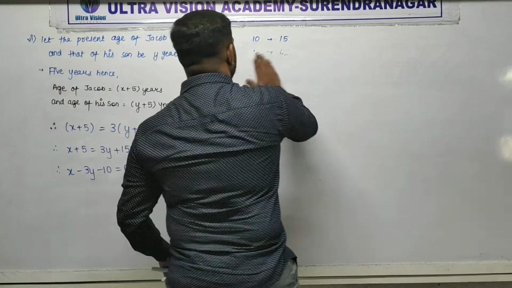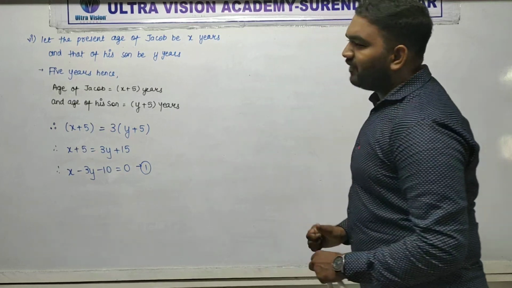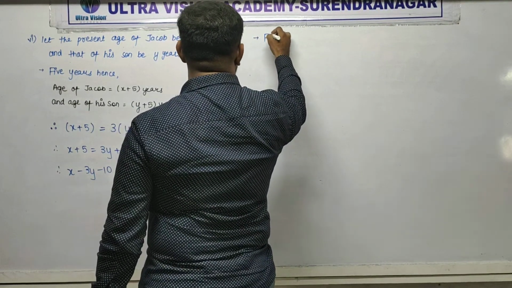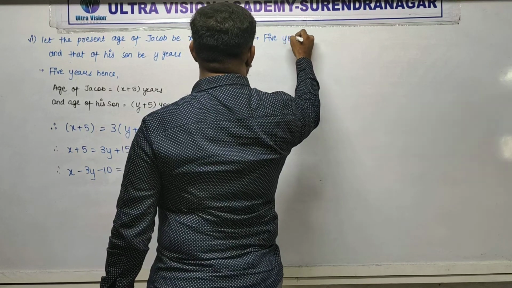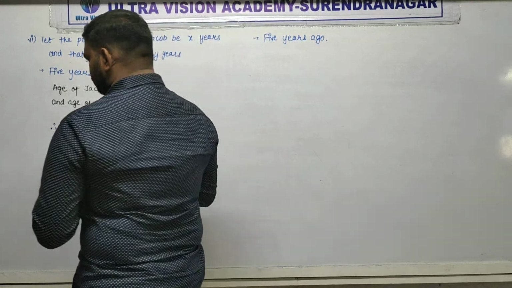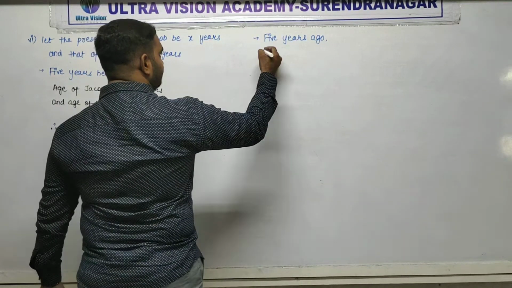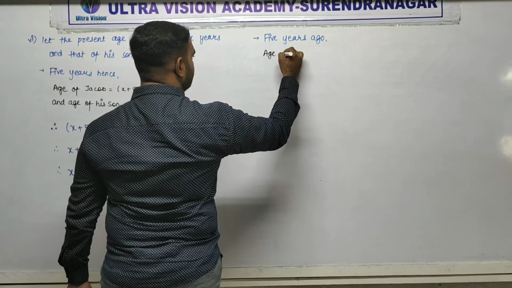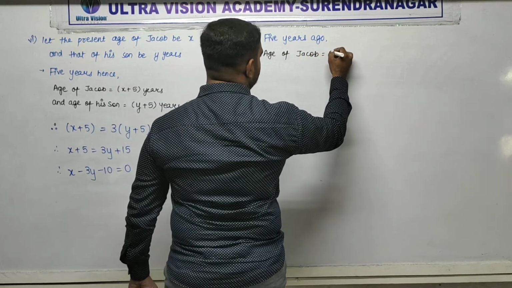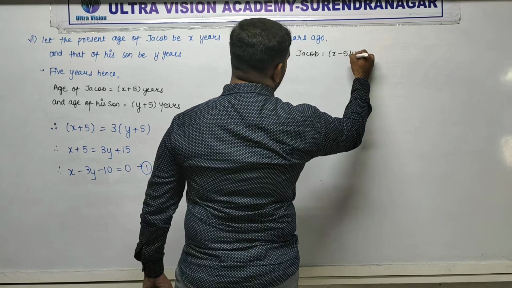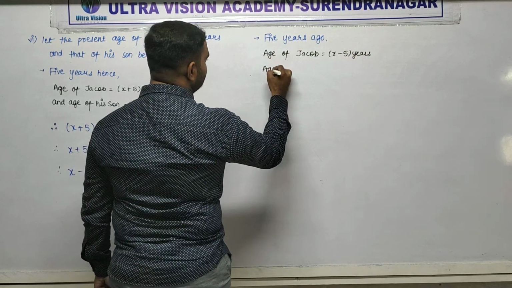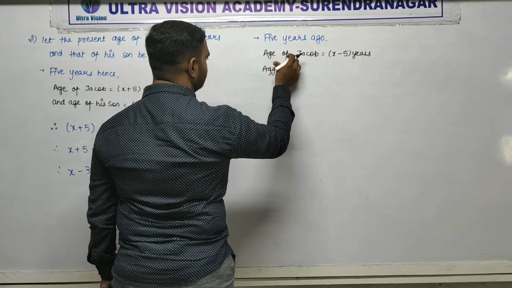Now moving on to the second condition. 5 years ago. So I will write down the condition. 5 years ago. What will be the age of Jacob? That is x minus 5 years. And what is the age of his son? y minus 5.